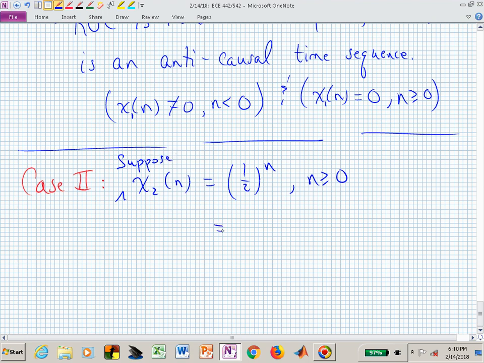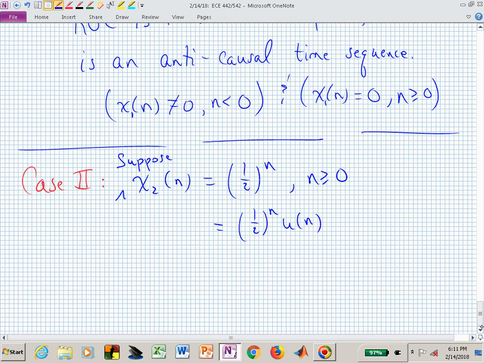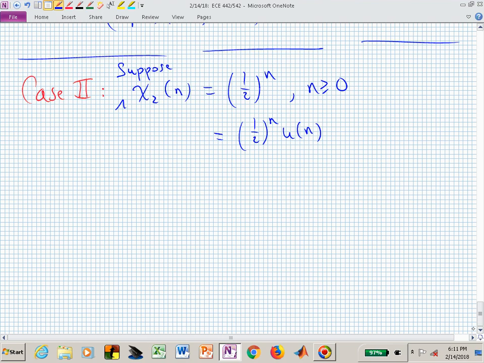How could we write that with a switch, using the unit step as a switch? If I didn't want to say comma, n greater than or equal to 0, I just wanted to start typing, what would I hit that with? U of n, the unit step. So there's an equivalent way to write that same time domain sequence.